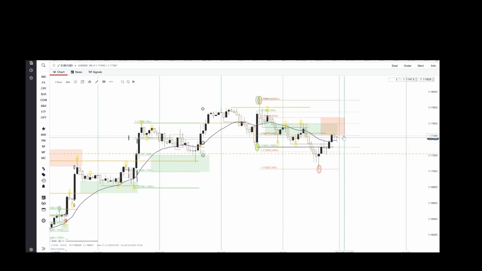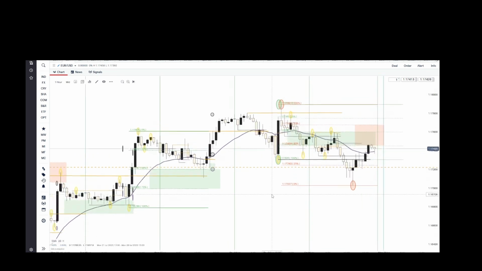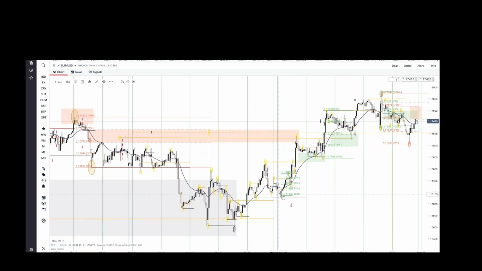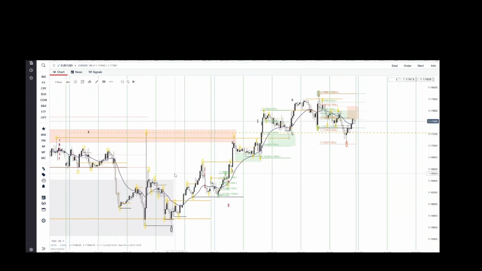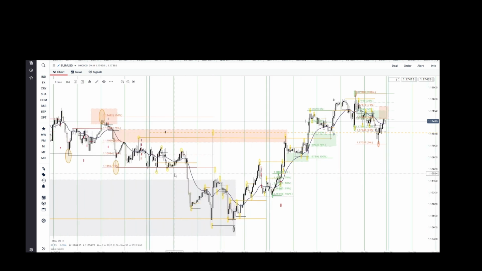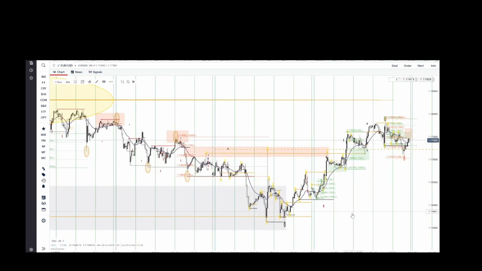So like I said, I'm watching now to see if we get a bullish or a bearish reaction out of here, because you can see it's quite a level that we've been getting reaction from for the last 2 or 3 weeks. Well, 3 weeks anyway. So that's what I'm looking for next week.